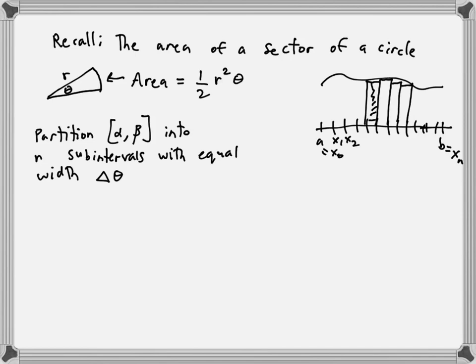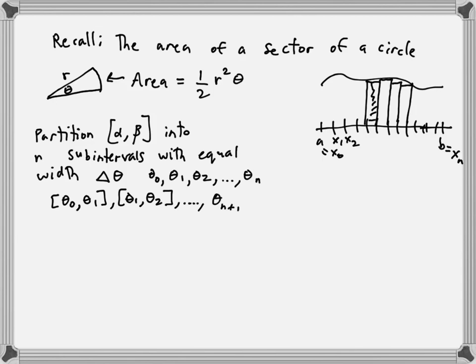Each partition is going to look like this: theta 0 would be the first one, and this is going to go all the way down to theta n. The first partition is theta 0 to theta 1. The second partition is theta 1 to theta 2. And we do this all the way down to theta n minus 1 to theta n.